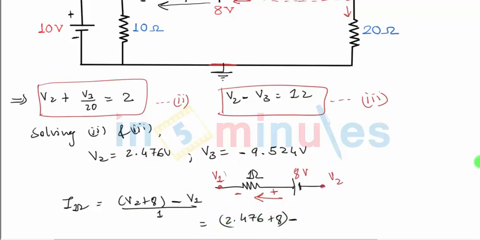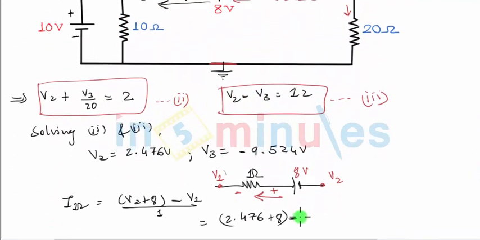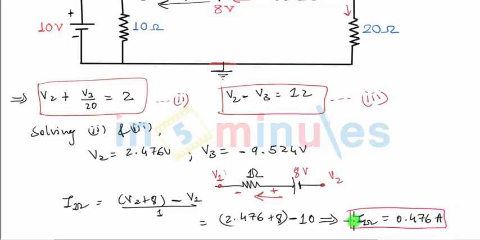V1 we had obtained earlier. It is equal to 10 volts. So V1 is 10 and the resistance is 1 ohm. So this gives me I1 directly. It will be 8 plus 2.476, which is 10.476, minus 10, that will be 0.476 amperes. So that becomes the final answer for the current through the 1 ohm resistance.